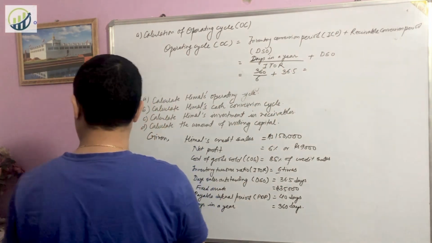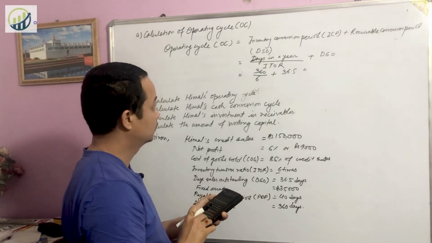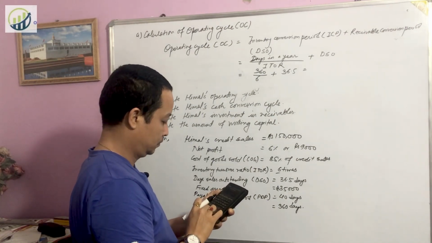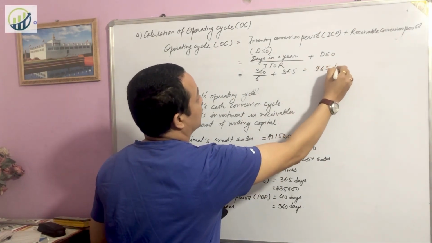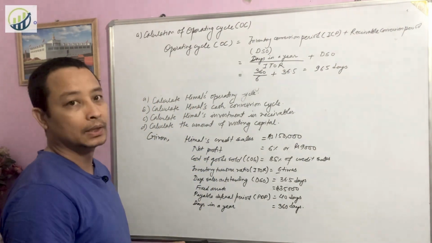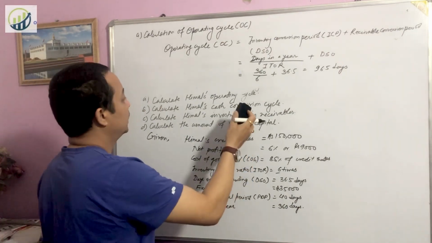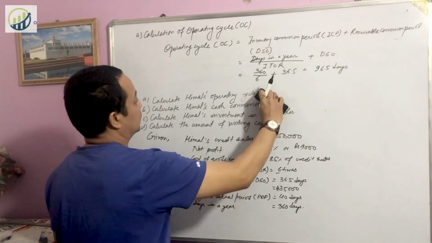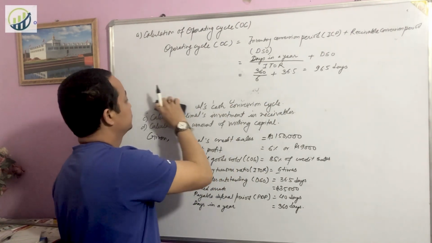So that will be 96.5 days. The operating cycle of this company is 96.5 days. Now after finding the operating cycle, you have to find the cash conversion cycle.